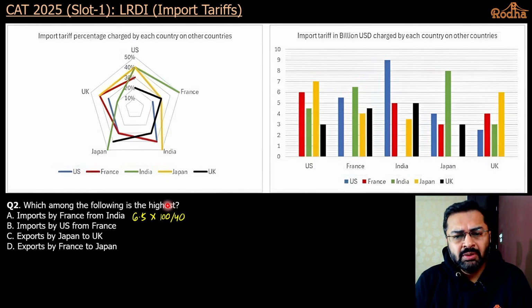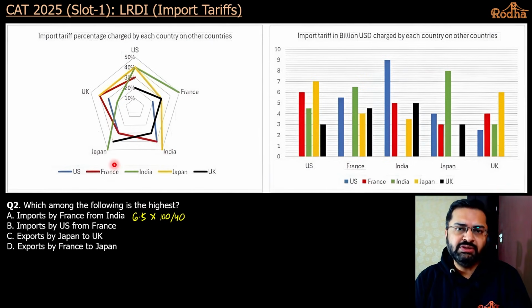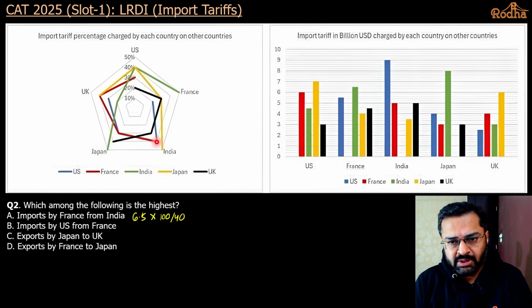This is simple. 6.5 is the value, and the rate is 40% when something is imported by France from India. How do we find this? By this chart. This is France, red one, this is India. So this is the number, right? You already know that. So this is 40%. And what is the absolute value in billion USD? That is from here, France, and this is India.